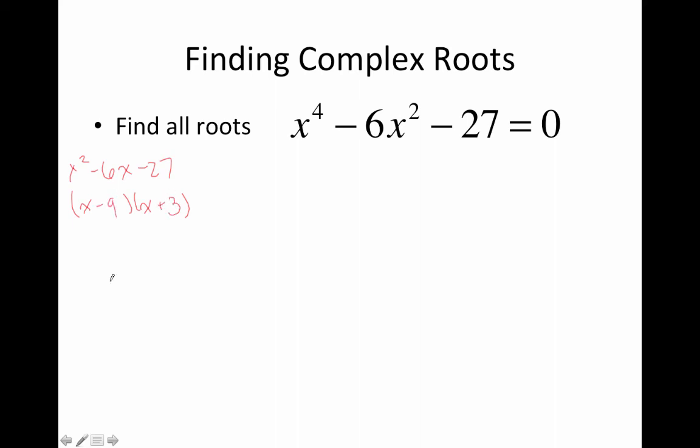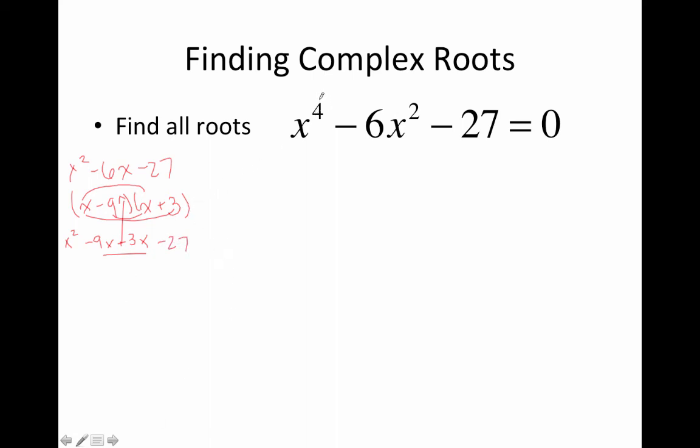Well, look at the whole point of factoring. It's to unfoil, right? Our first was the x squared. Our outer and our inner was negative 9x and positive 3x, and that becomes negative 6x. And then our last is negative 27, negative 9 times 3.